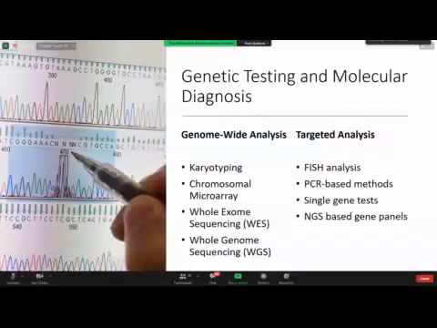So does anyone know the difference between whole exome and whole genome? Okay, the whole exome is the coding portion, the exons. For example, we have 25,000 genes, and all the exons of those 25,000 genes. We all know that there are introns and exons. Exons code for protein, introns do not.